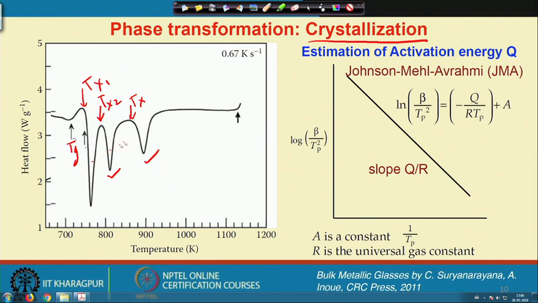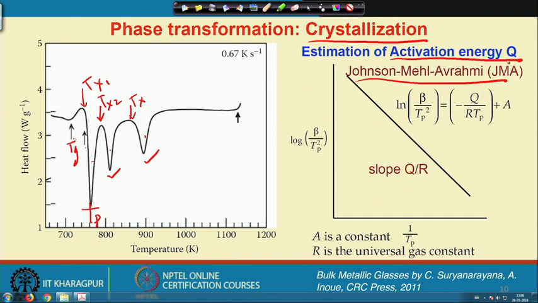So, there are three different crystallization events going on inside a glass. It is not mandatory to have only one. However, we can measure the peak temperature of the event and use the Johnson-Mehl-Avrami equation to find out the activation energy required for crystallization.